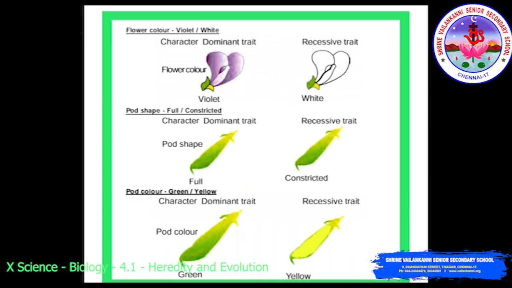The dominant trait is a full pod shape, and on the right-hand side the recessive trait is constricted. Next we move on to pod color, green or yellow. The dominant trait is green and the recessive trait is yellow. These are the flower color, pod shape and pod color variations identified by Mendel.